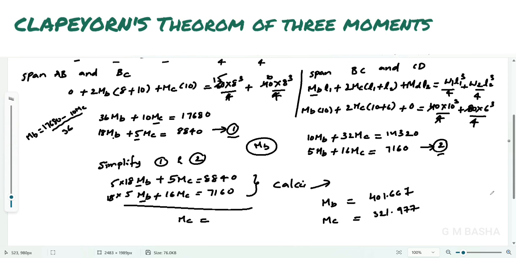So if you take this equation, MB will be equal to 8840 minus 5 MC by 18. So like that, take MB one side and again substitute this MB value here in this equation. So you will get MC here. Like that somebody will do. So it is your wish. If you want simplification, you can do it manually. Otherwise you can go with the calculator. So we'll get directly the values MB and MC.